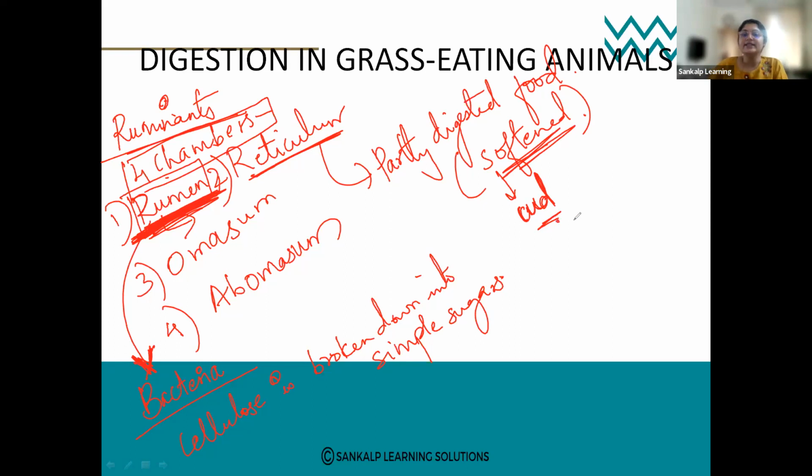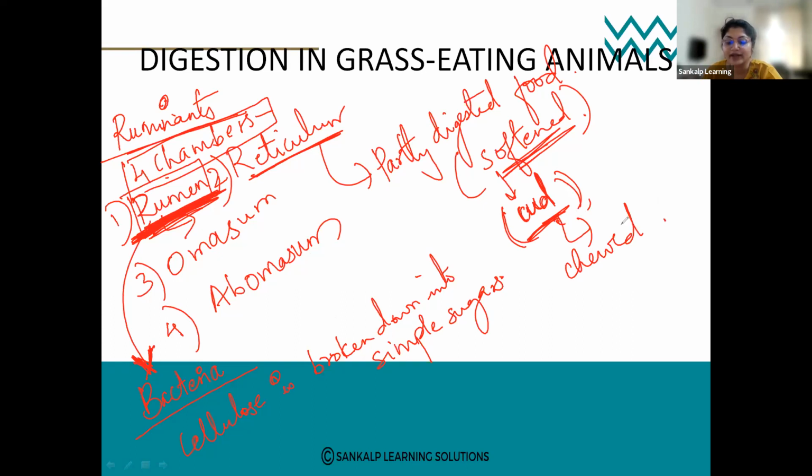Now this cud is sent back from the reticulum to the mouth. Then the animal chews the cud again, or ruminates. Whatever the partly digested food is, called cud, it is taken back into the mouth and further chewed.